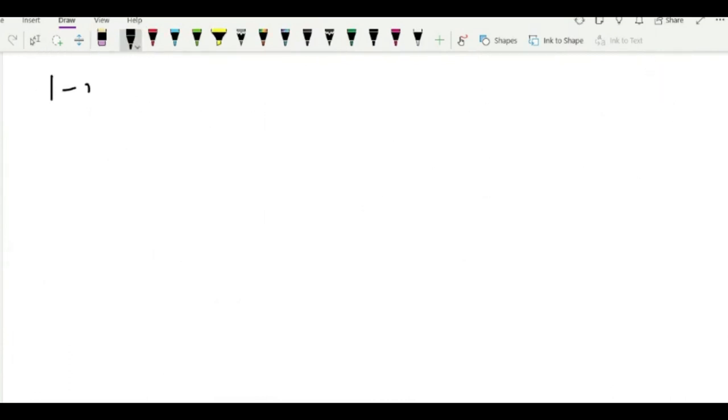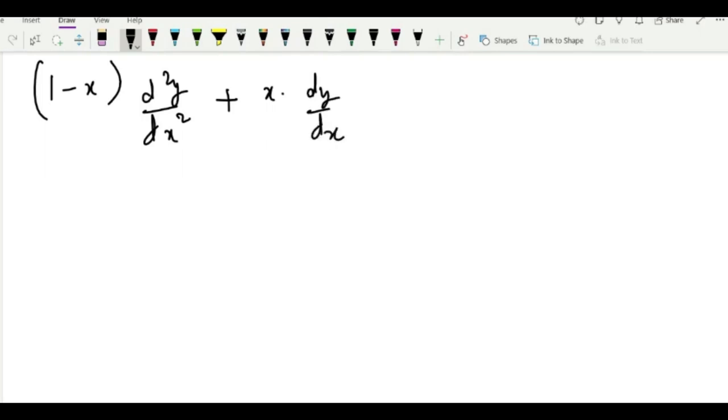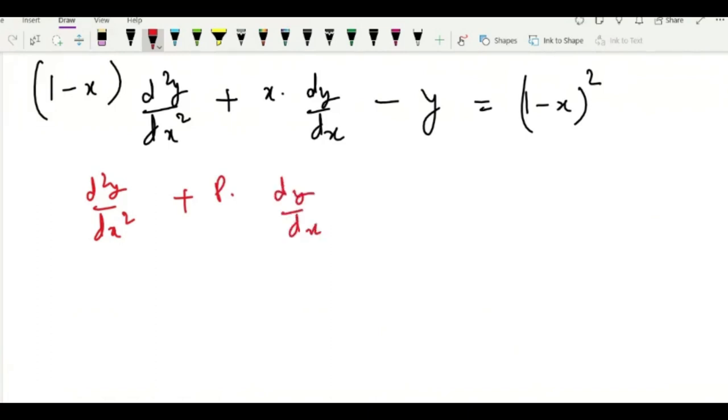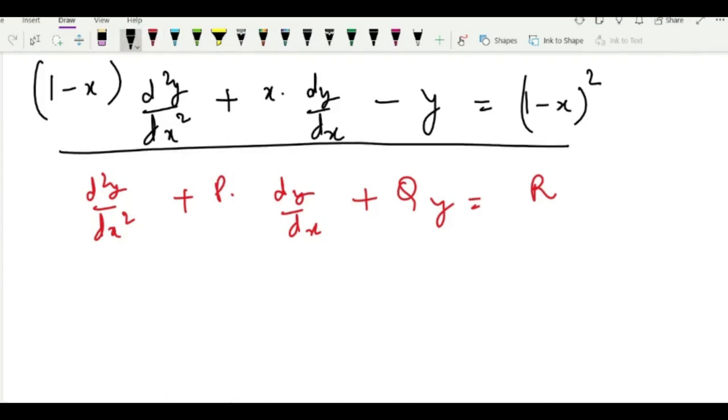We have an equation (1 minus x) d2y upon dx square plus x dy upon dx minus y is equal to 1 minus x square. First of all, we have the standard form of the equation as d2y upon dx square plus p dy by dx plus qy is equal to some function, say r, the non-homogeneous part. So first we have to write this equation into standard form.